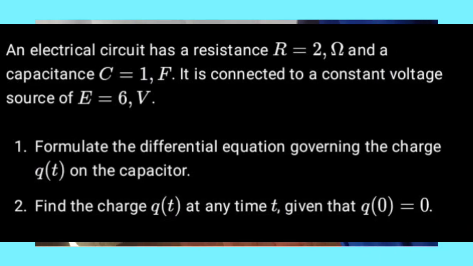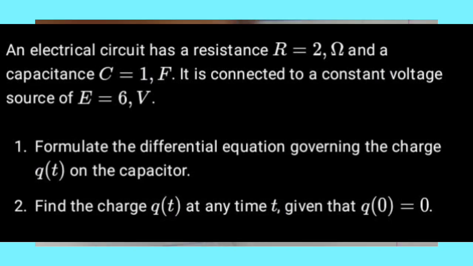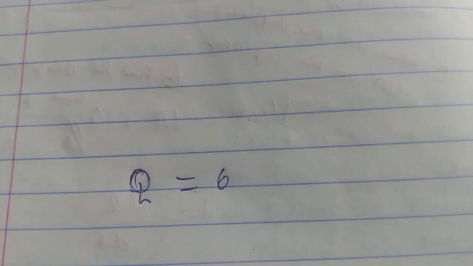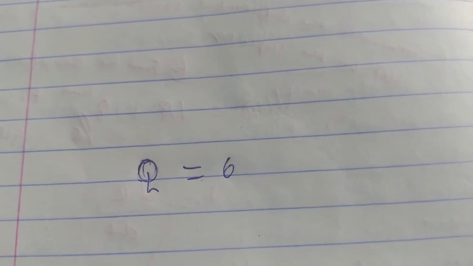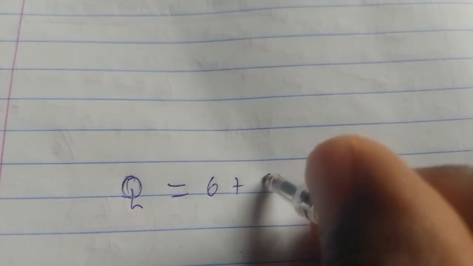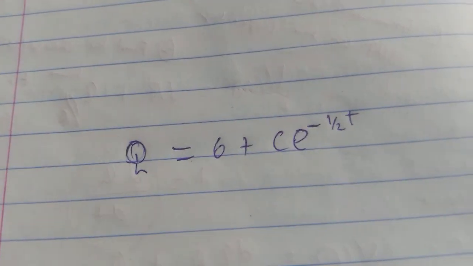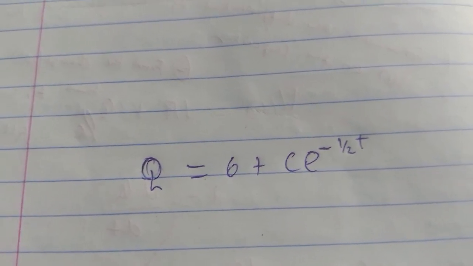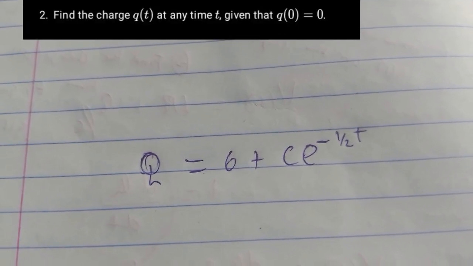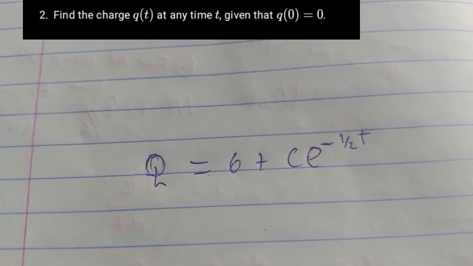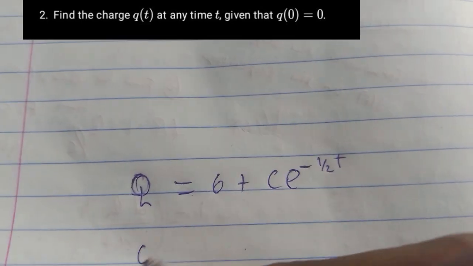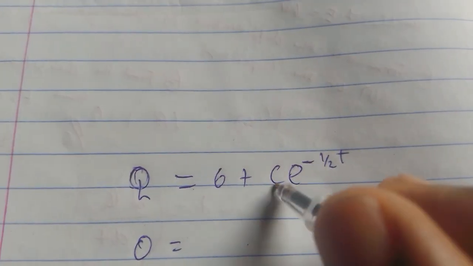We already know that q is equal to 6 plus c exponential negative half t. When t was 0, q was 0. So we're going to look for c now.